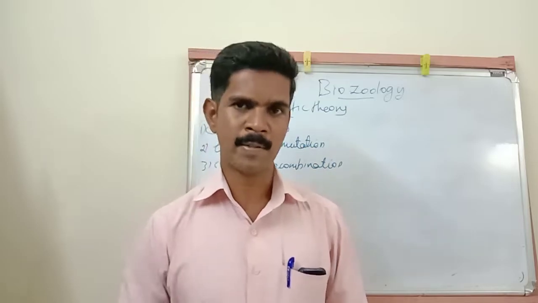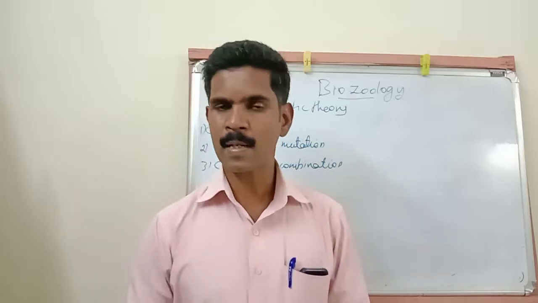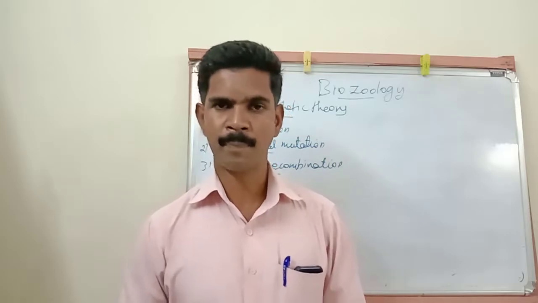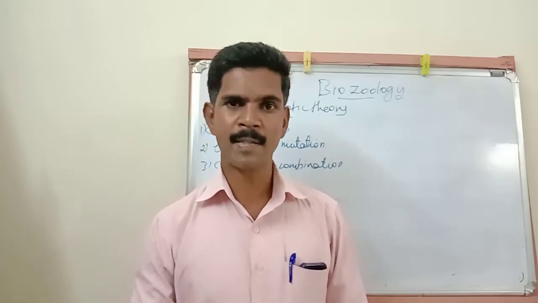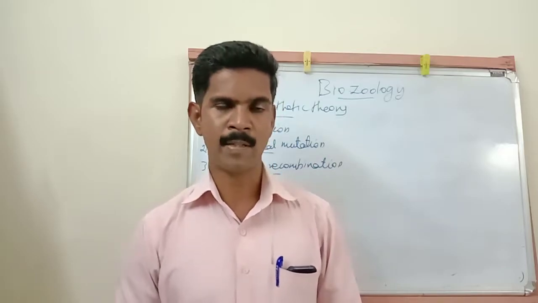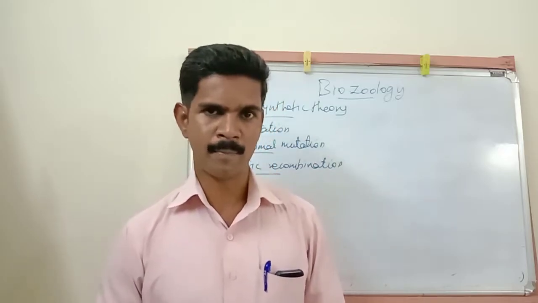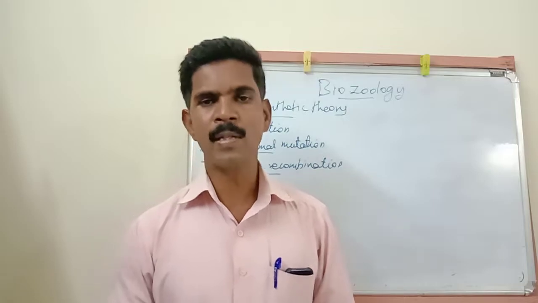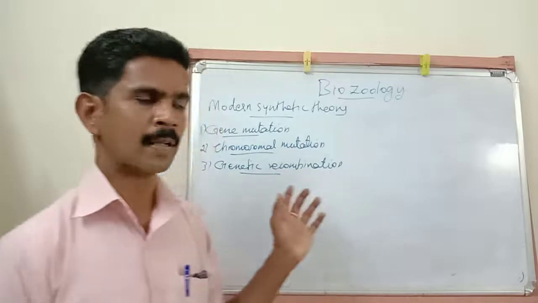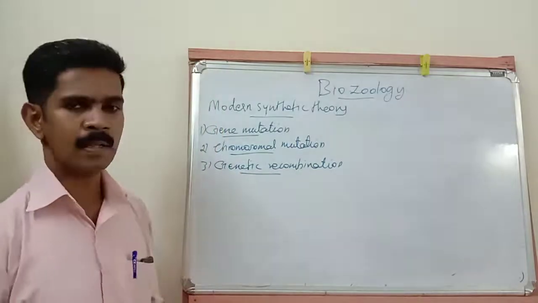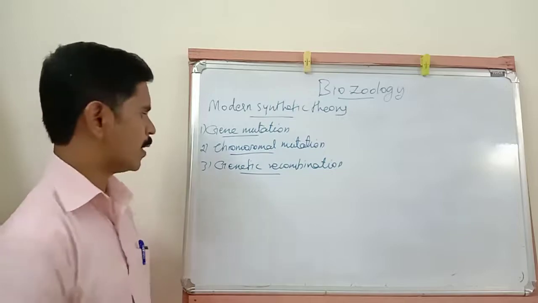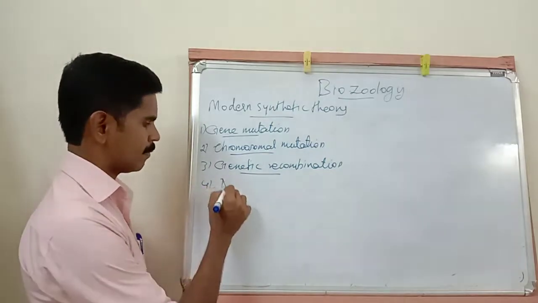Due to this crossing over, some changes take place in the structure of genes, or the genes' positions are altered. Understand? So it leads to some variations in the young ones. So this is the third basic factor in the modern synthetic theory. Then the fourth one is natural selection.